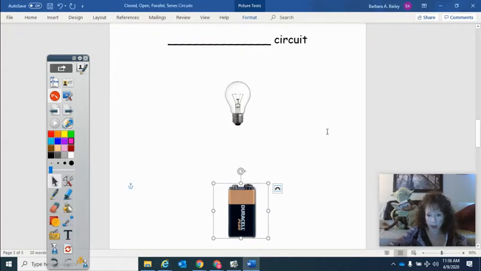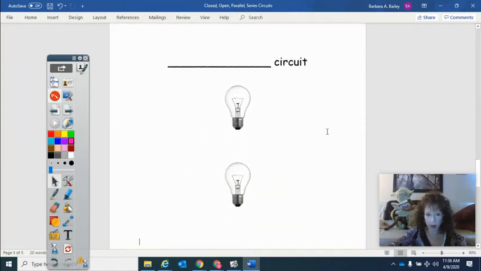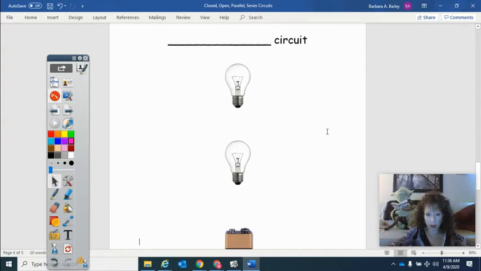All right, the next type of circuit we're going to talk about is a parallel circuit. Okay. So I'm going to write that up here.